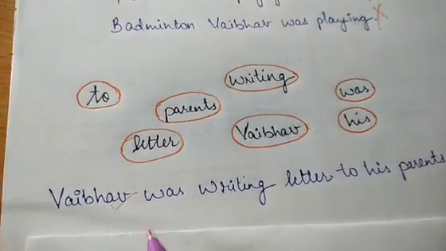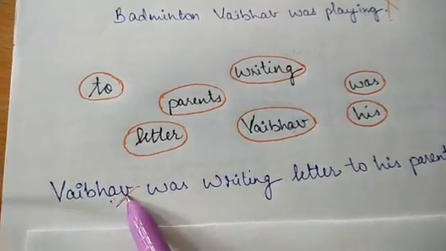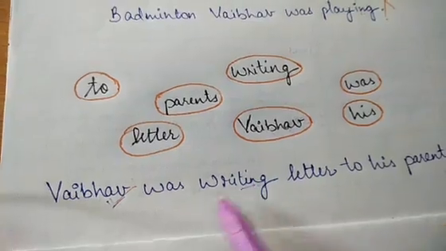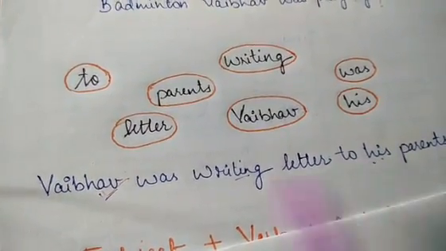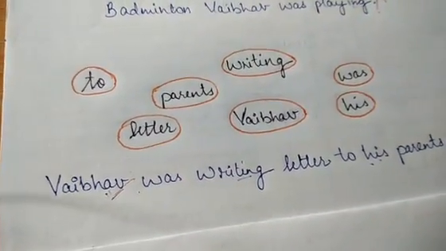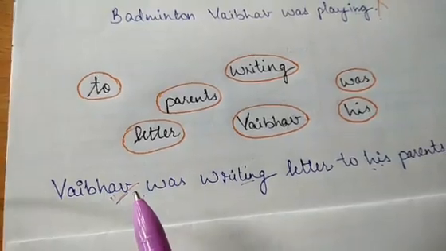But have you ever wondered why we wrote Vaibhav first? Or why this word writing is in between Vaibhav and parents? Why was this word here and not here? So today we'll clear all these concepts and we will learn what the basic structure of a sentence is.